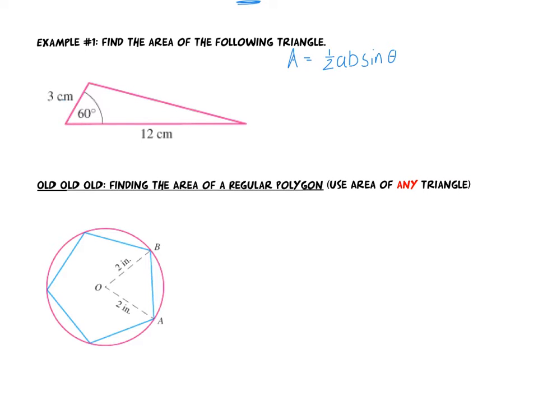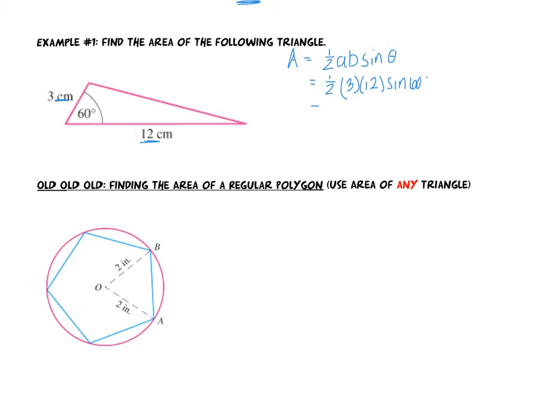Well, I know this is a side, this is a side. It doesn't matter which one you call A or B. So I'm going to go ahead and just write 1/2. A is going to be 3. B will be 12. And sine of 60 degrees.